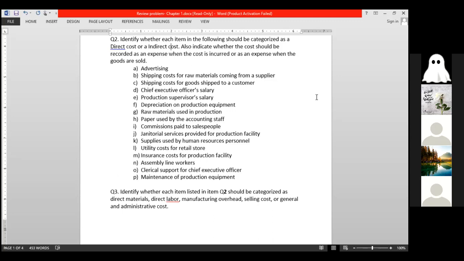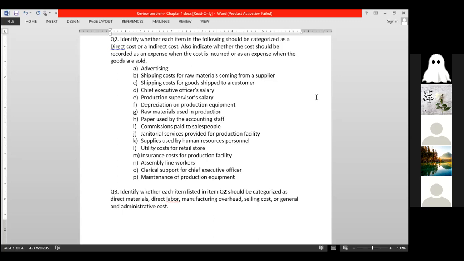Then commissions paid to salespeople. Indirect, right? Because those people are selling your product. They have nothing to do with production. They don't produce the product. So commission paid to salespeople is indirect. Next is janitorial services provided for production facility.